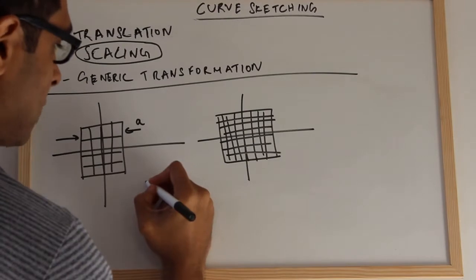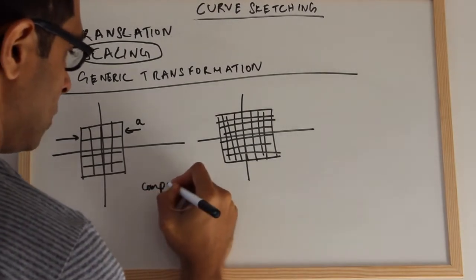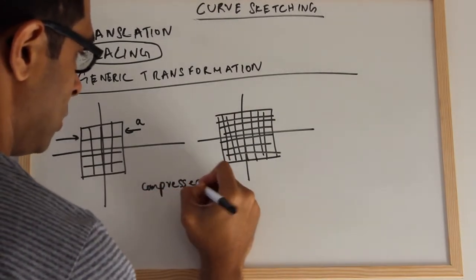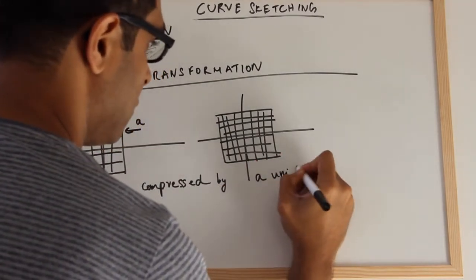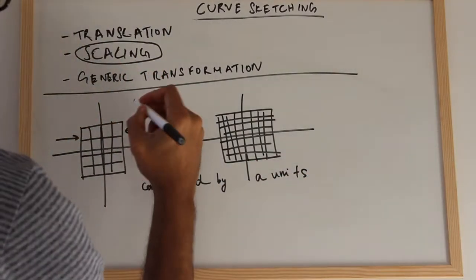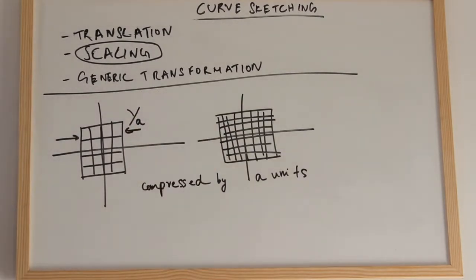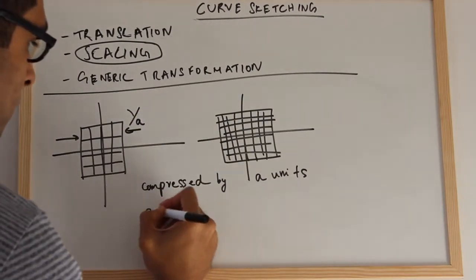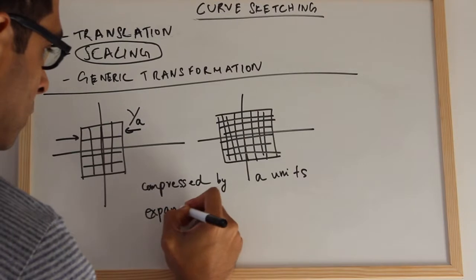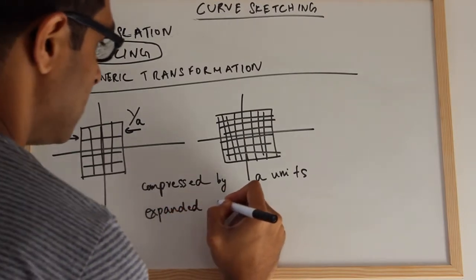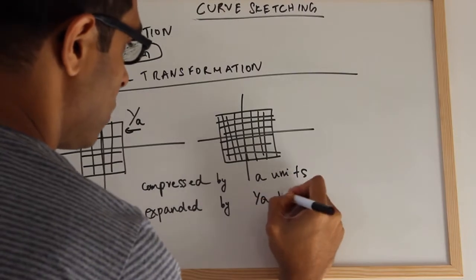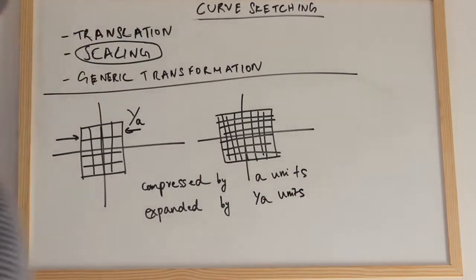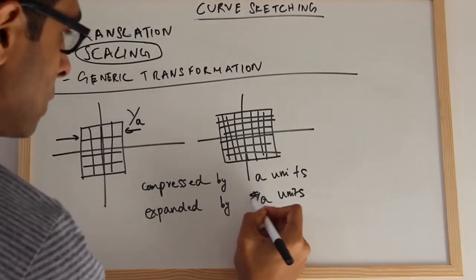This is compressed by a units. If we apply 1 by a here, it's expanded by 1 by a units.